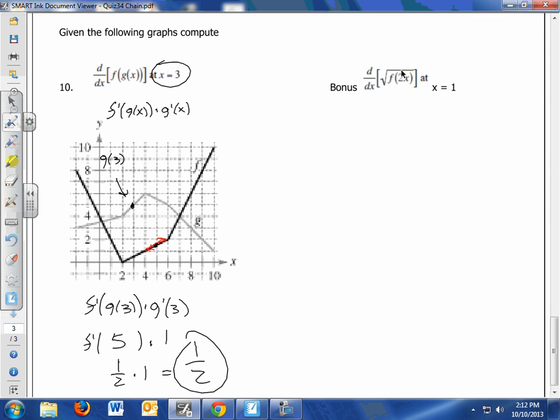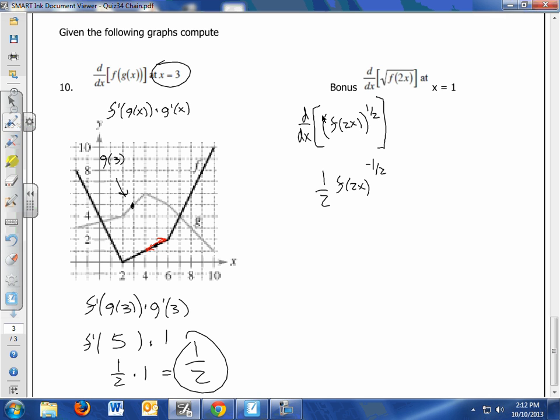Finally, this is our toughest one, the derivative of the root of f of 2x. Well, I'm going to first write this as find the derivative of f of 2x all to the 1/2. Because this is going to help me use my chain rule. Okay? So the first function is x to the 1/2. The derivative of that would be 1/2, leave the inside, to the negative 1/2.